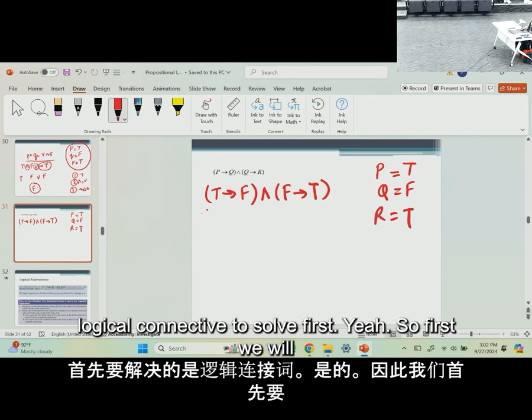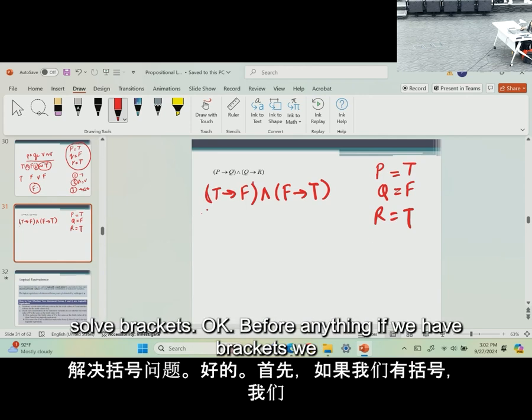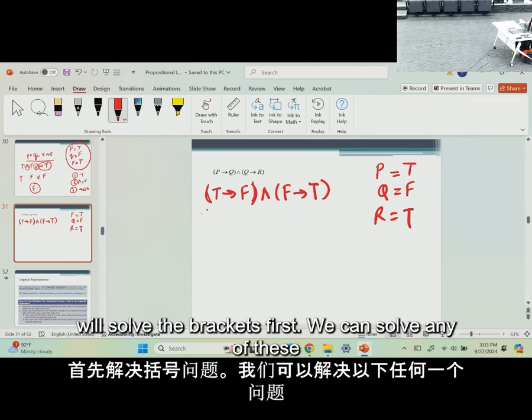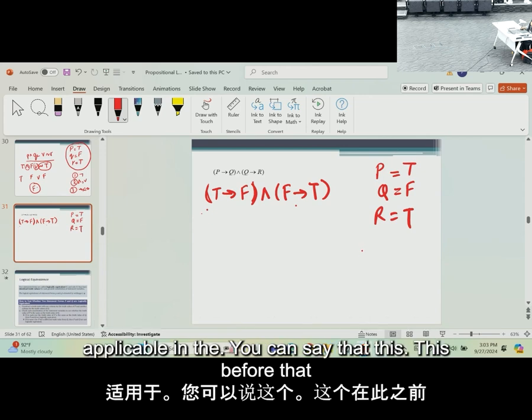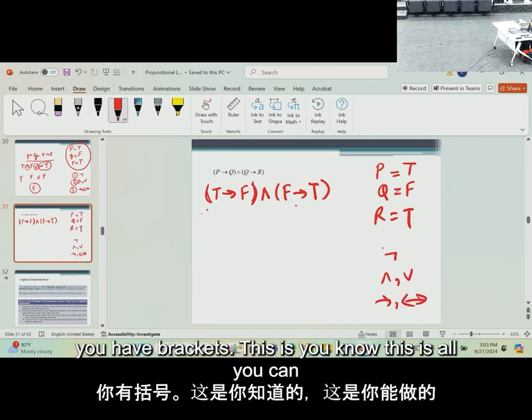First we will solve brackets. Before anything, if we have brackets, we will solve the brackets first. We can solve any of these brackets first, it doesn't matter. This is how you can remember the hierarchy.